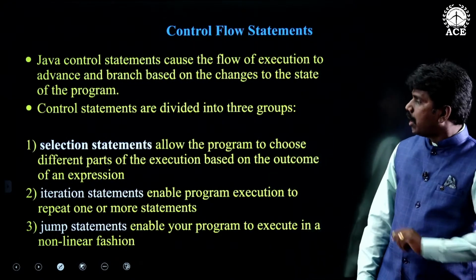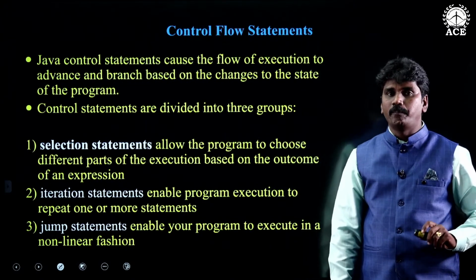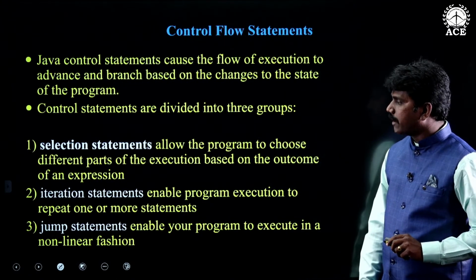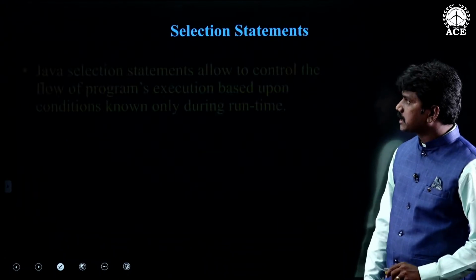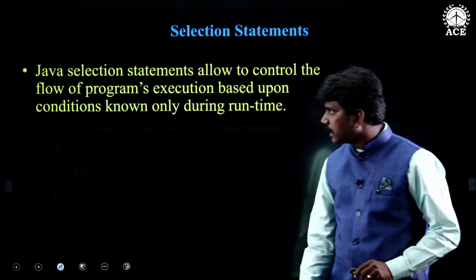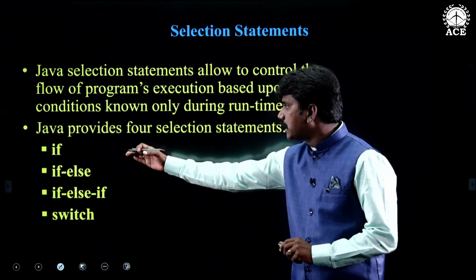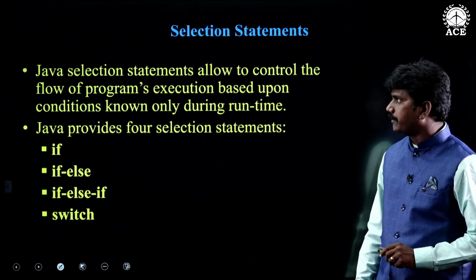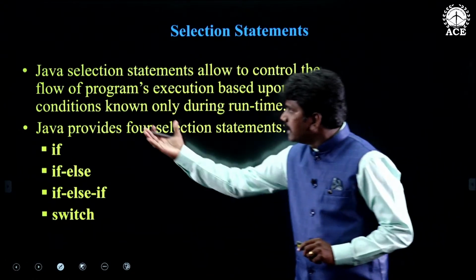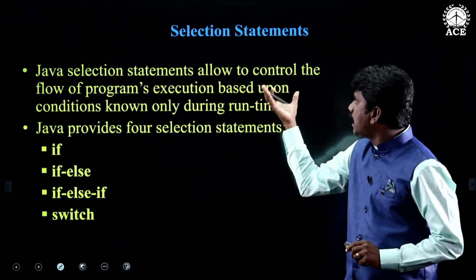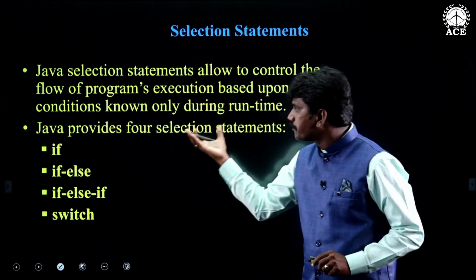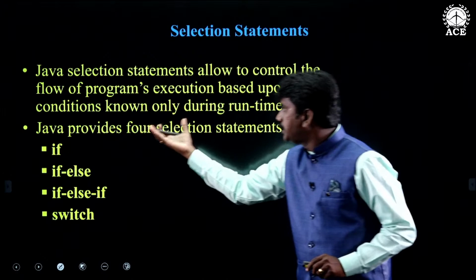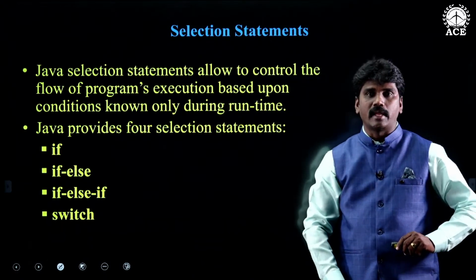So how all these three are going to play the major role in Java, let us see. First one, coming to the selection statements, what are the different selection statements we are having? Java selection statements allow to control the flow of a program's execution based upon the condition known only during runtime.